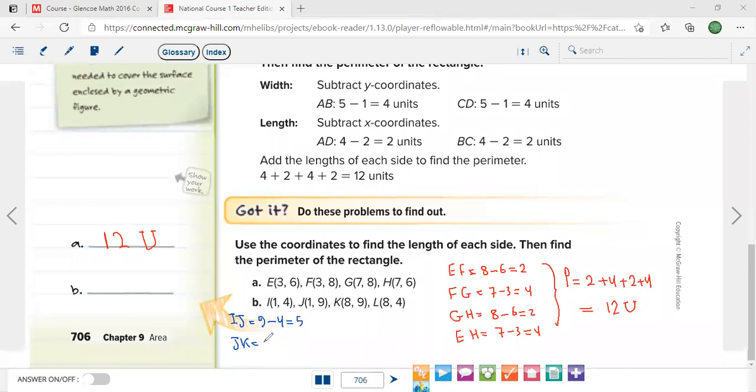So 8 minus 1 will give you 7. KL. Cancel the 8. 9 minus 4 will give you 5. Finally, IL. Cancel the 4. So 8 minus 1 will give 7.